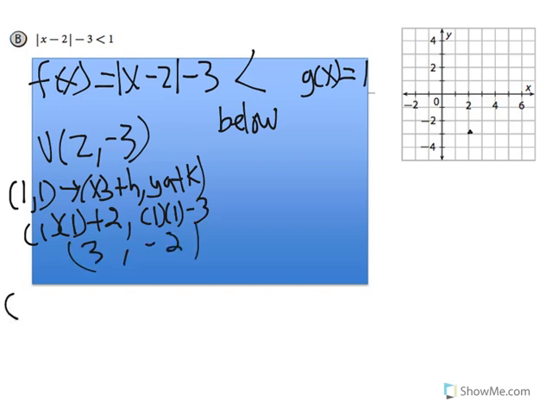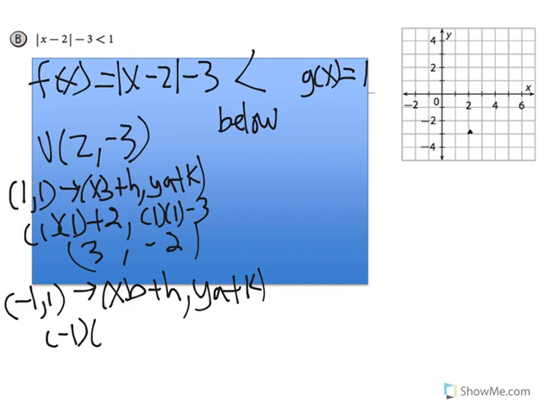For the other point, going from (-1, 1), we use the same transformation: -1 times 1 plus 2 and 1 times 1 minus 3, so we have (1, -2). We have the point (3, -2) here and (1, -2) here. So then we know that we have our graph here.